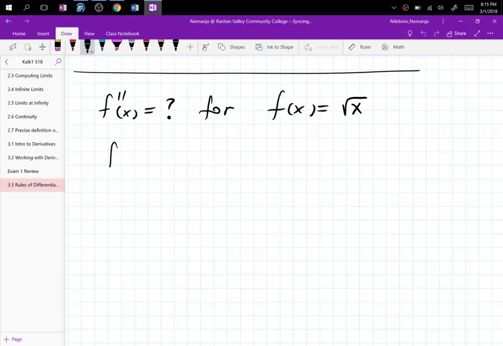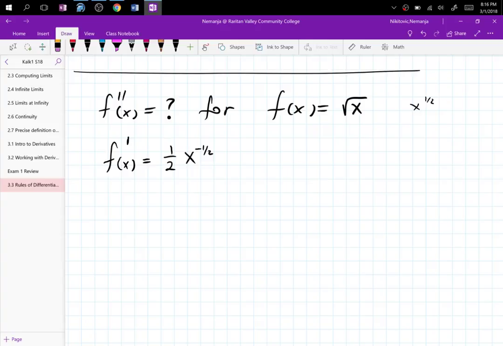We have f of x prime is equal to, we know that this one is x to the 1/2, right? So we have 1/2 x to the negative 1/2. Don't fix it, because it's already in a form where you can go and take another derivative.